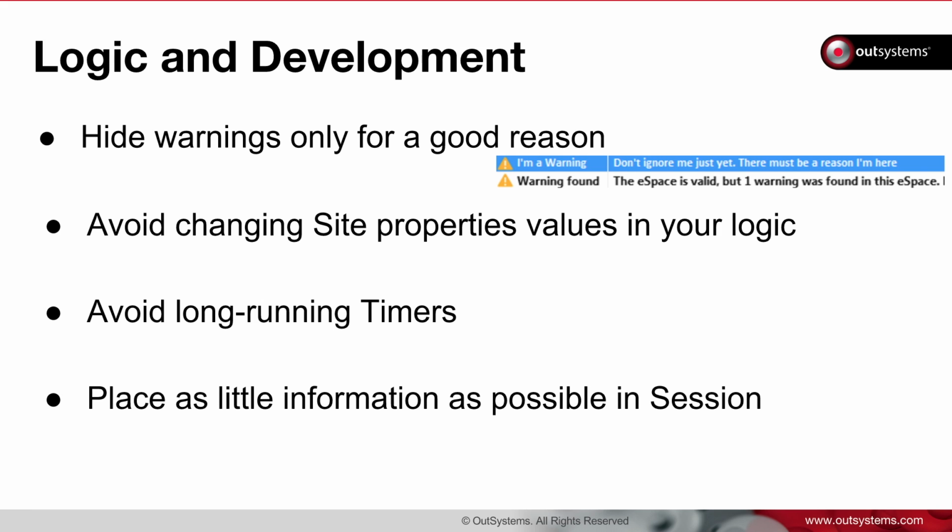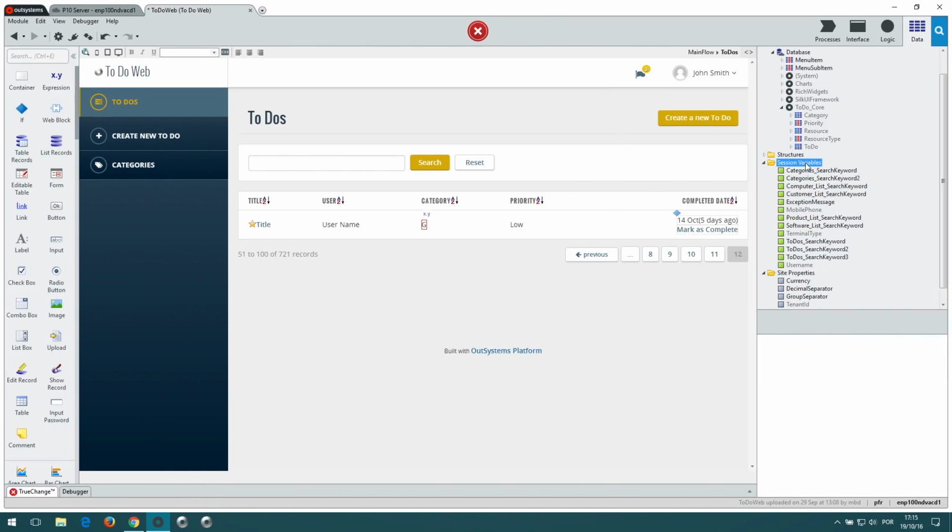Place as little information as possible in session. Now, I've just shown you the session variables. They're also found in the Data tab, and they're right here. Now, in order to support multiple front-end servers, all sharing the same back-end database server, which is a common configuration on an OutSystems environment, you need to load session variables every time a new screen is accessed from a browser.